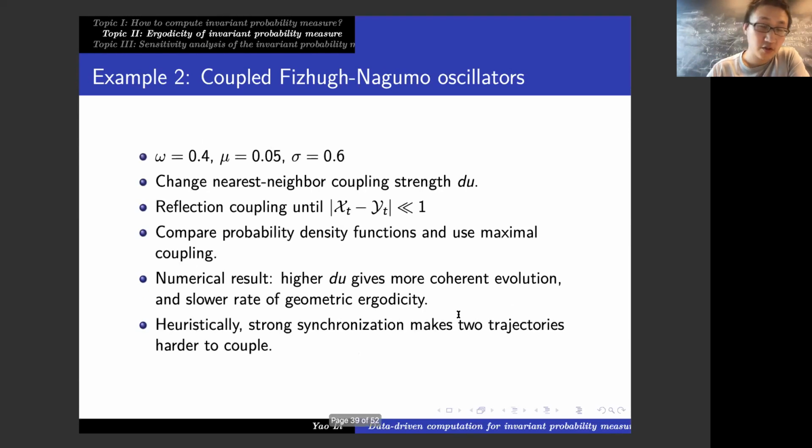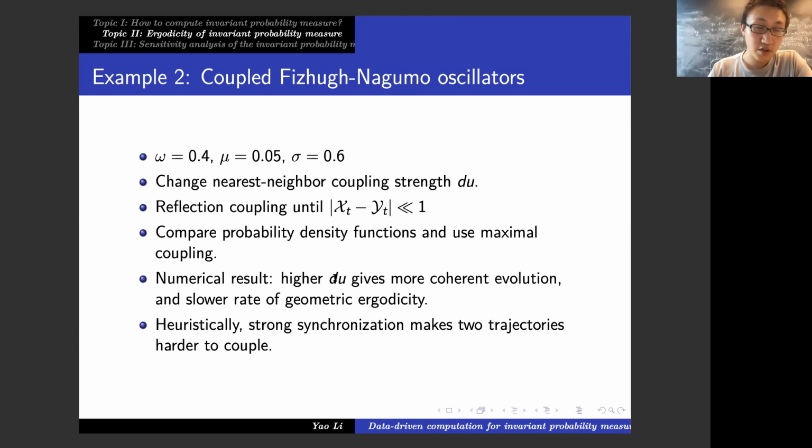What we observed is heuristically right: if you increase the nearest neighbor coupling, you make the neurons more synchronized, and the more synchronized they are, the slower the convergence to the steady state. Stronger synchronization makes it harder for two trajectories to couple, and also harder to spread out to the steady state.